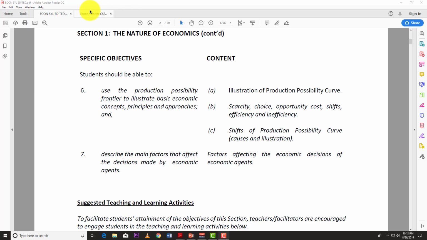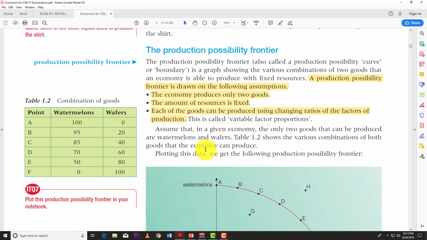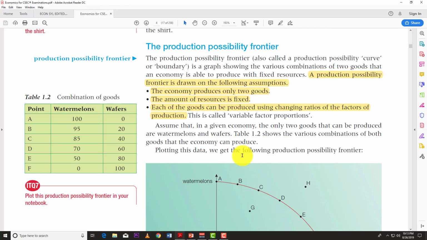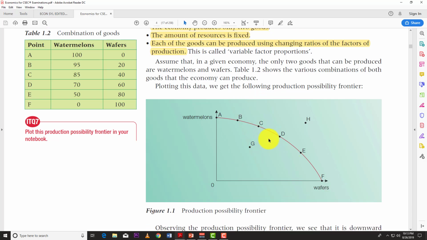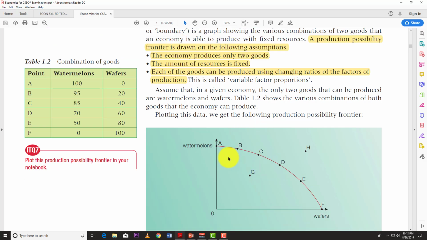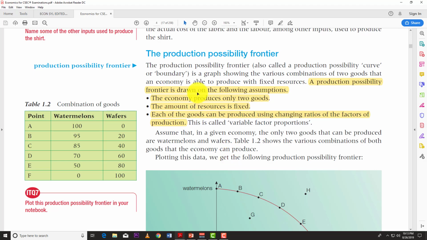So let's look at the CSEC textbook. Here we see the production possibility curve, the production possibility frontier. This is how it looks. Alright, so we're going to jump into that right now. The production possibility frontier, also called the production possibility curve or boundary, is a graph showing the various combinations of two goods that an economy is able to produce with fixed resources.